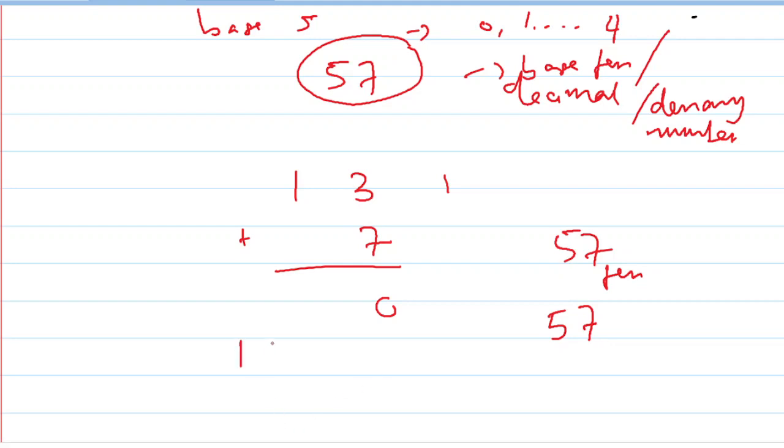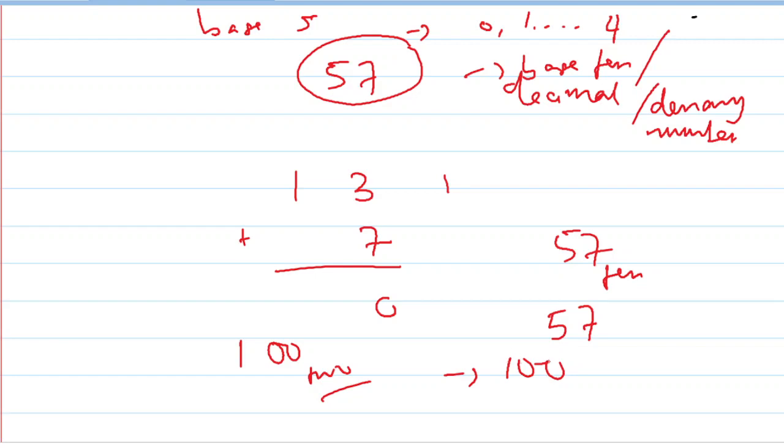For example, if I have 100 base 2, I must not write it as 100, because if I write it as 100 without the base, then it will be counted as a number in base 10.